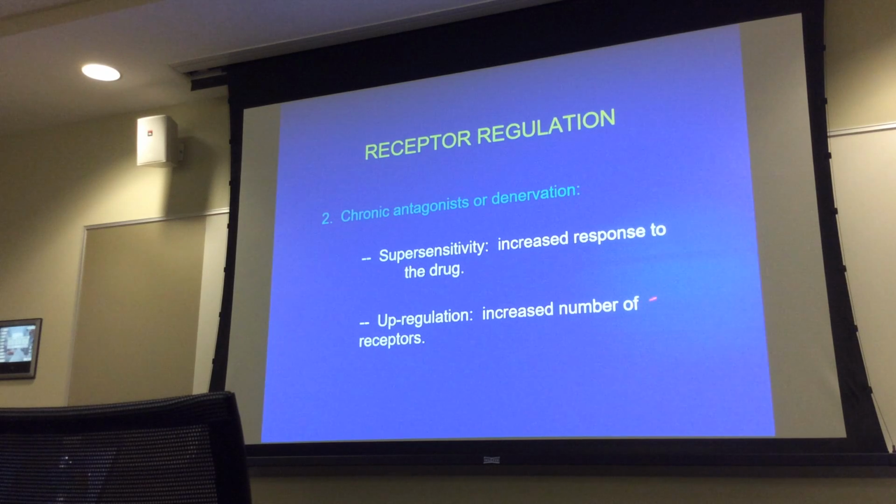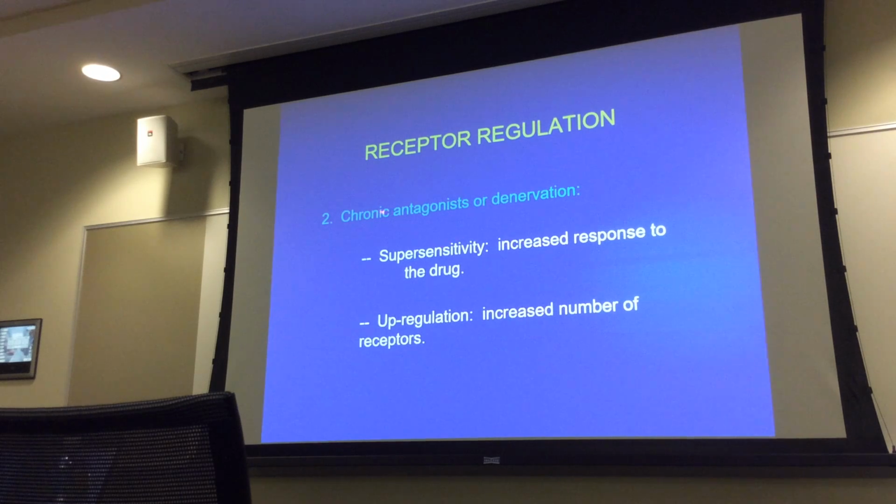Because what the cell is doing by increasing the number of receptors is increasing its sensitivity to the drug. We talked about this last time. I showed you how you could actually use the Langmuir equation to calculate what kind of increased sensitivity you're going to get by upregulation. Now, how do you produce supersensitivity? Basically, two ways to do it.